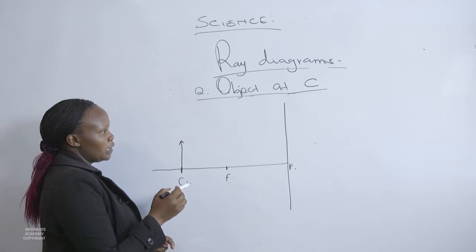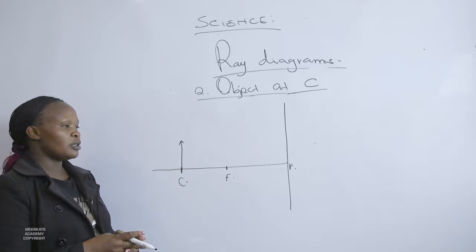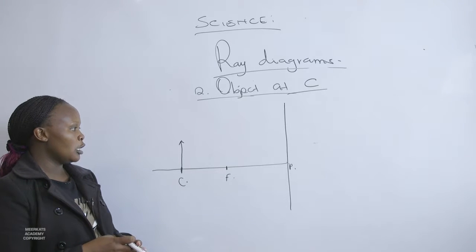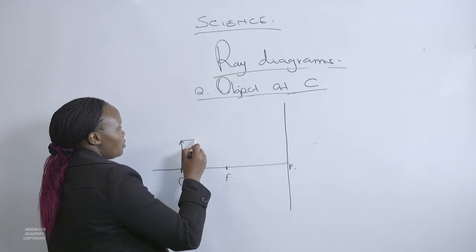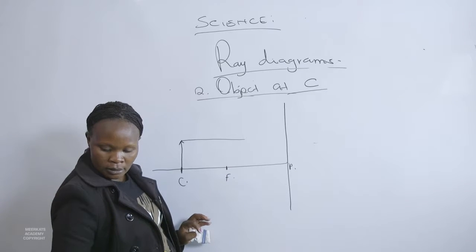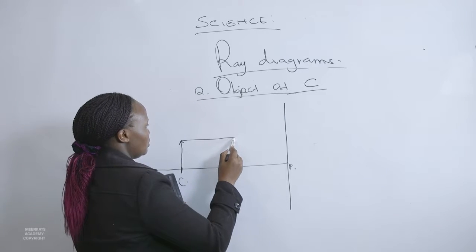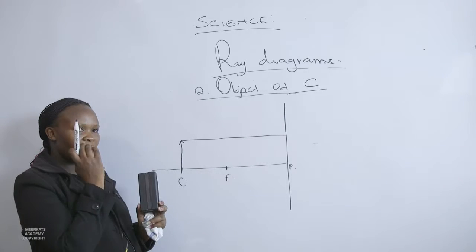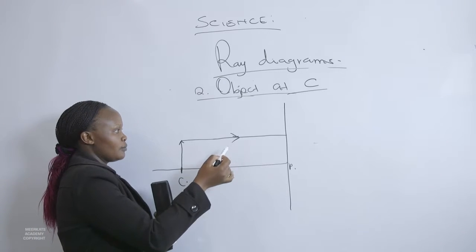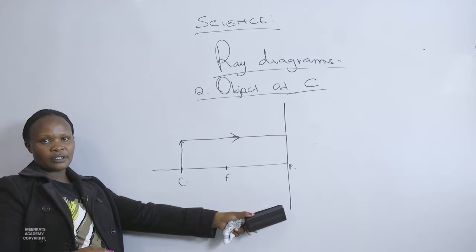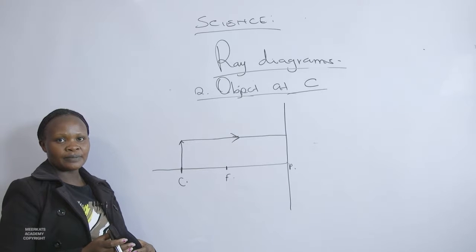Now, number 1, we consider some 2 rays from the laws of reflection by curved surfaces. Let us consider a ray from the tip, parallel to the principal axis. It's incident on our reflecting surface parallel to the principal axis.